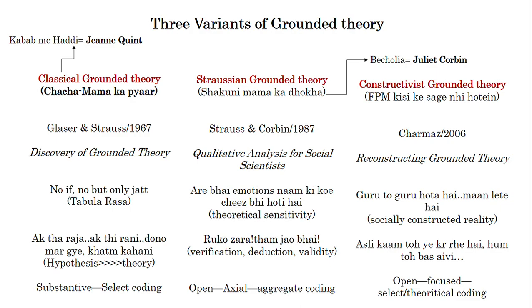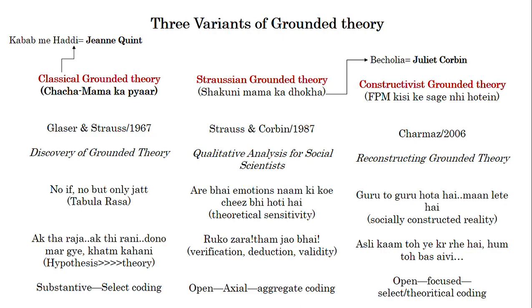Just go with an open mind, interact with a few people, and through that interaction develop or fine-tune your research questions. Then, when your research questions are fine-tuned, you collect more data, rather than predefining your research question or your sample. Nothing should be predefined. This is one of the important components of classical grounded theory, and you must remember that.